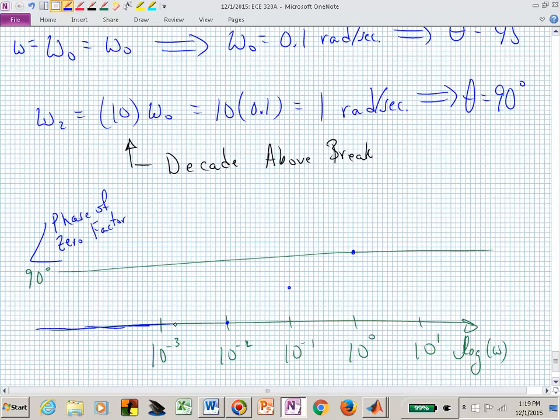We're at 0 degrees a decade below the break, at 90 degrees a decade above the break, and we connect those with another straight line, and there is our phase curve for this linear zero factor. It's basically distributing 90 degrees of phase over a 2-decade span, and those 2 decades are centered at the break frequency.